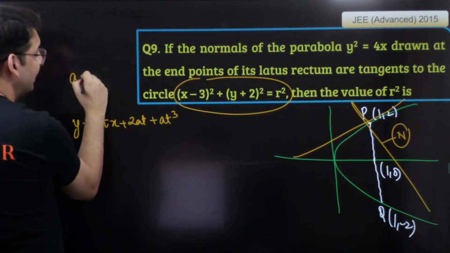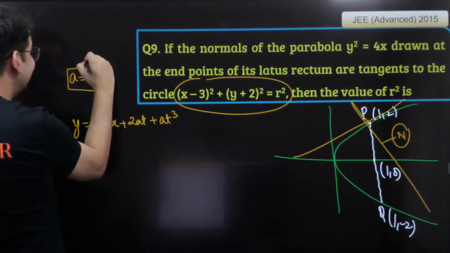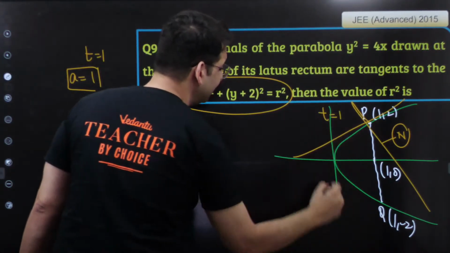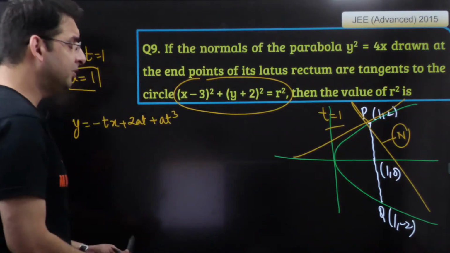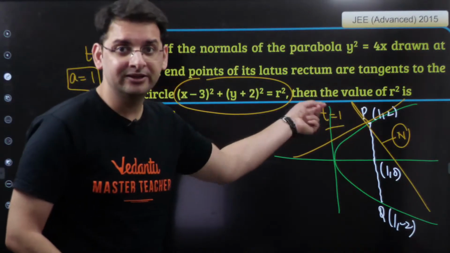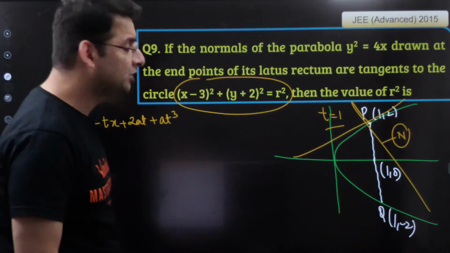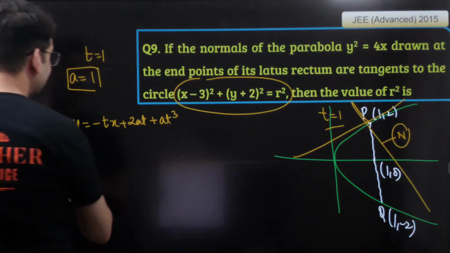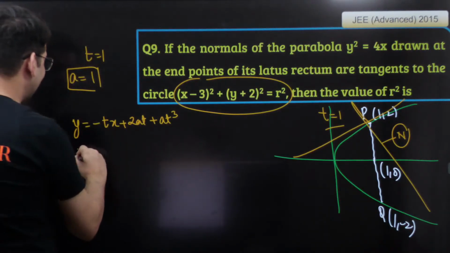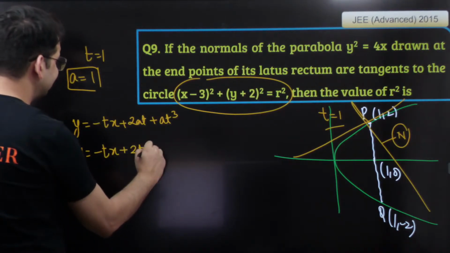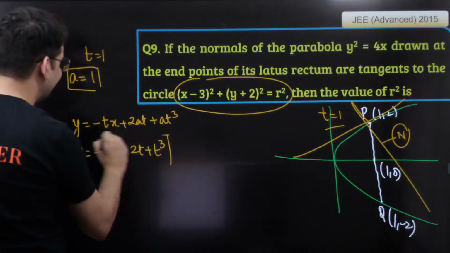Here a is 1, and also t is equal to 1 because at the end point of the latus rectum, t is equal to 1. You should know this: at the end point of the latus rectum, the value of t is always 1. For this point, t is equal to minus 1. So y is equal to minus tx plus 2t plus t cube. This is the equation of the normal for a equal to 1.